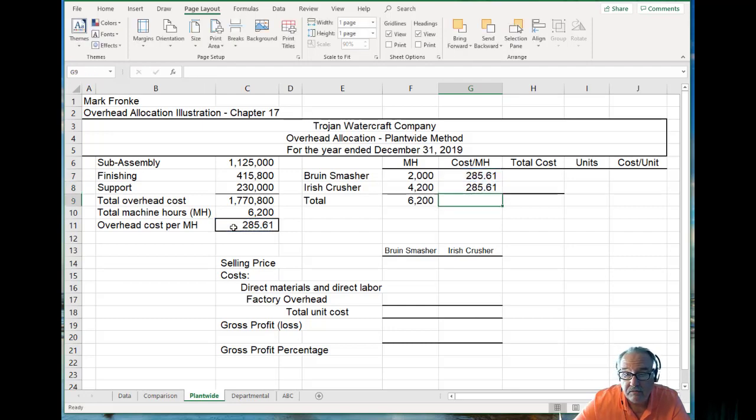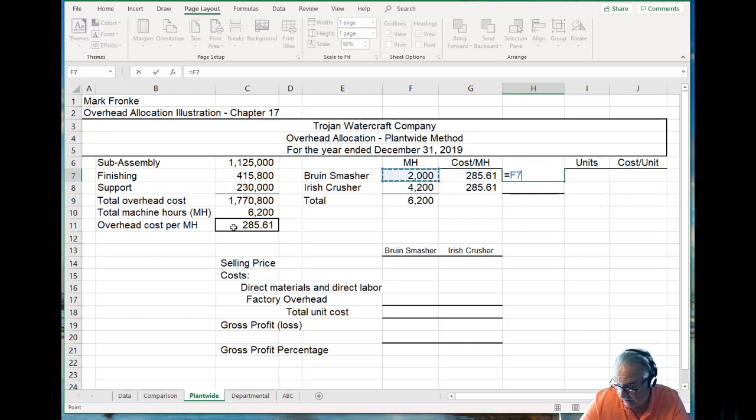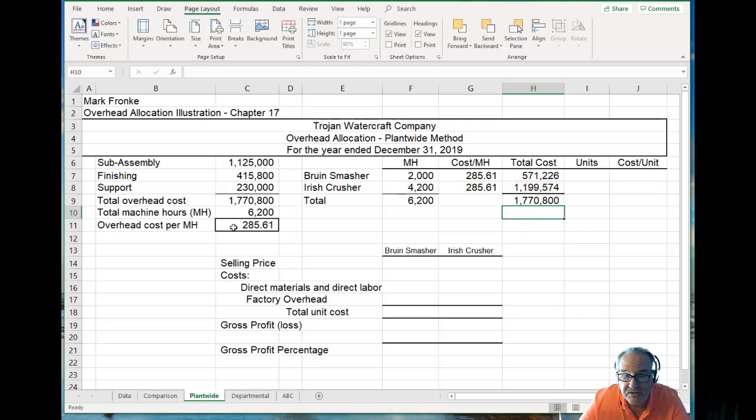You can tell I'm a USC fan, yeah? And then if we multiply the hours times the cost per machine hour, we'll get the total cost that has been allocated to these 2 products. It's still the same $1,770,000.